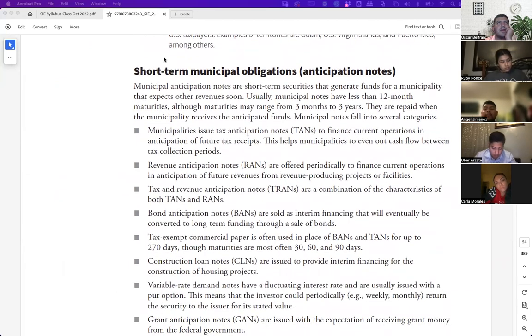Now, this right here talks about short-term municipal obligations, anticipation bonds. When I first look at this, the way I'm looking at it is that I'm expecting something to get approved in the future for my project to go on.